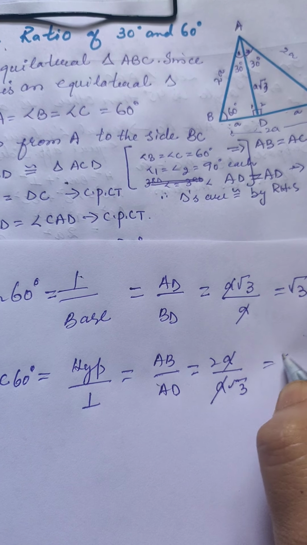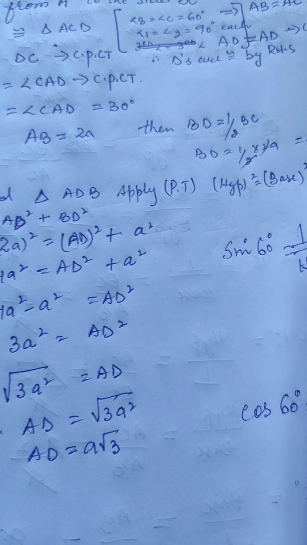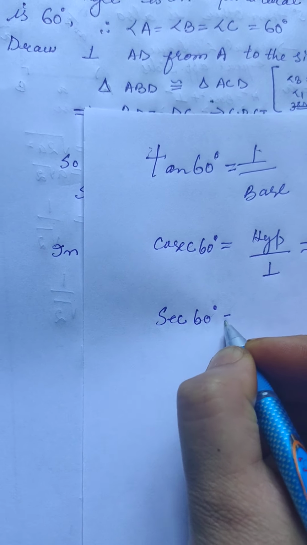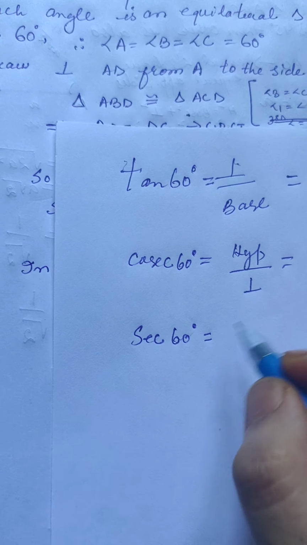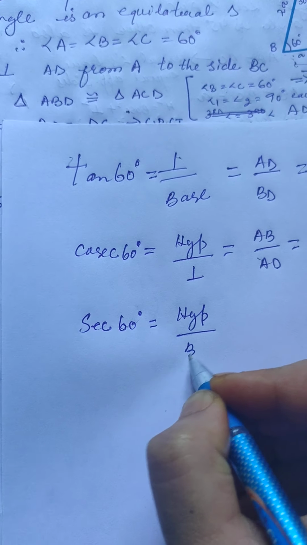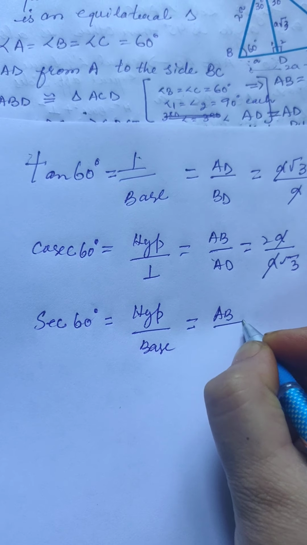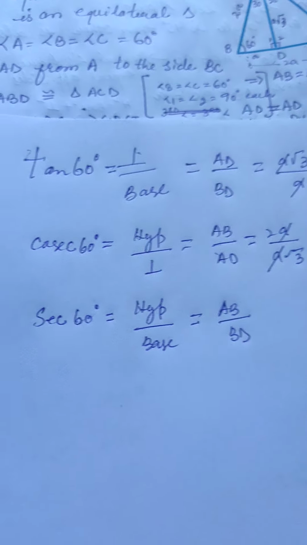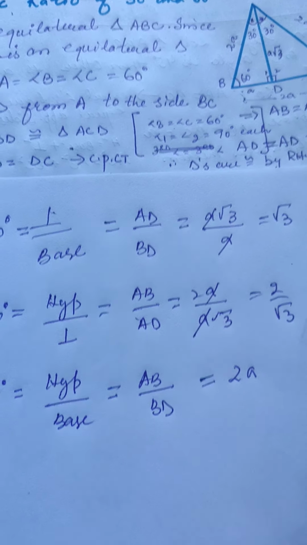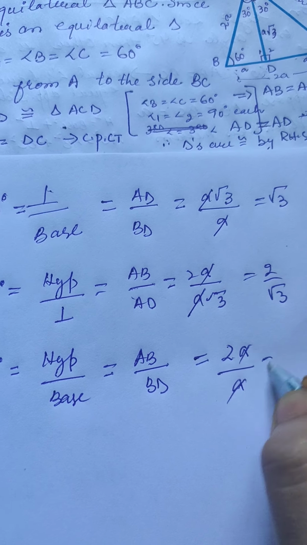A and A cancel, so cosec 60 is 2 by root 3. Then the reciprocal of cos is sec 60, which is hypotenuse by base. Hypotenuse AB is 2A and base BD is A. A and A cancel, so sec 60 is 2.